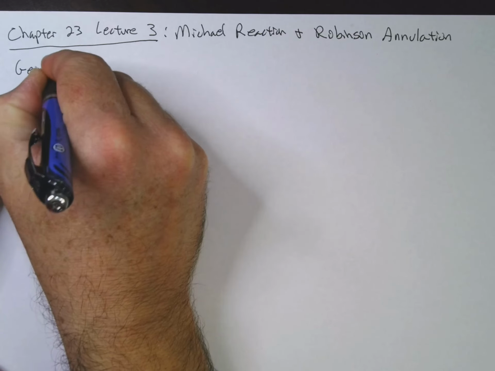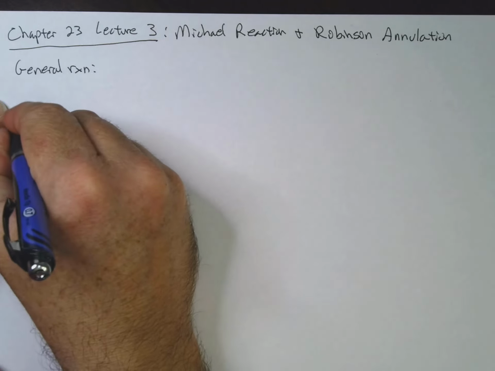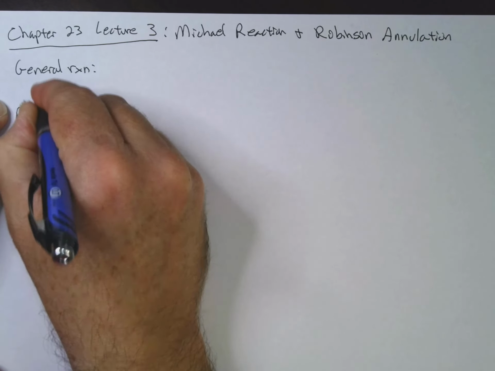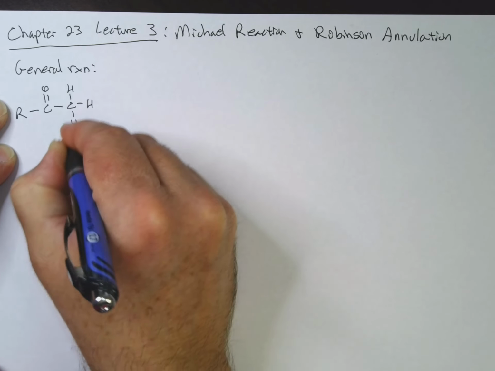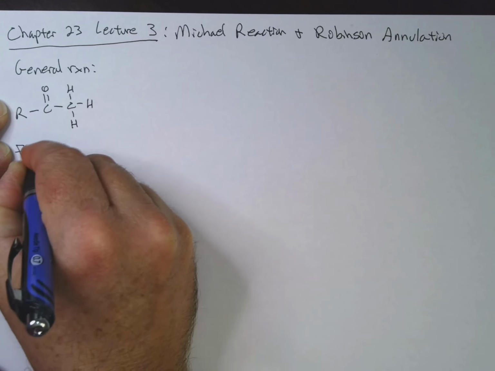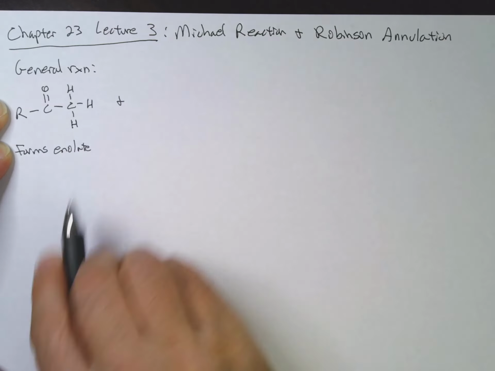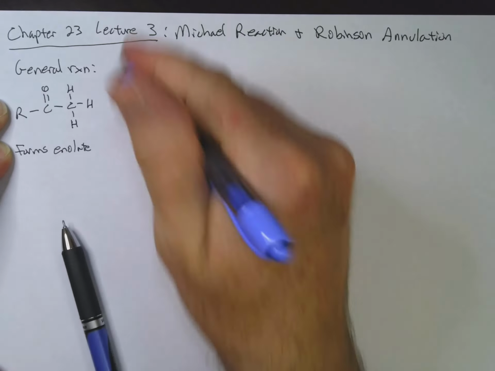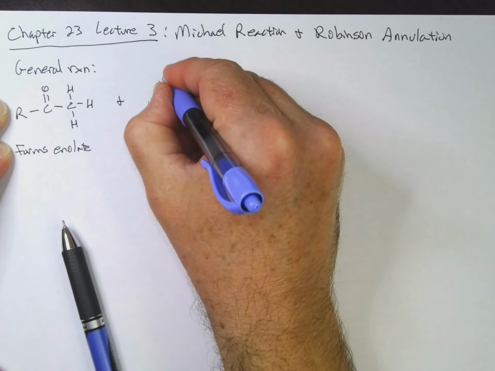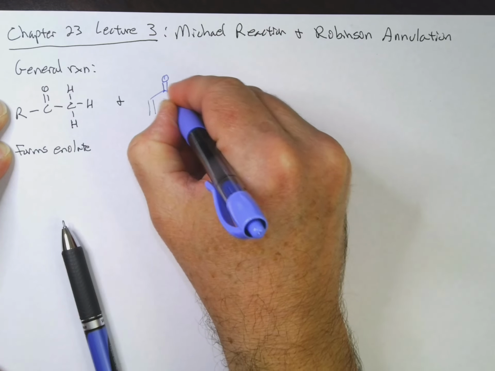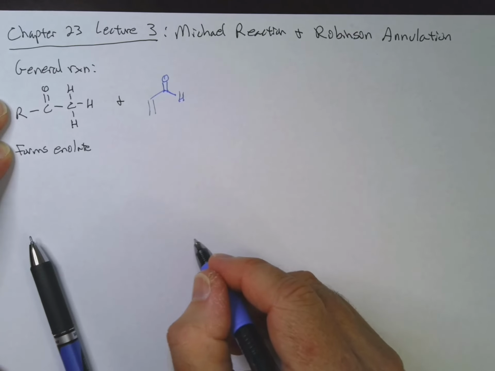So in general, what happens? Well, we have something that will form an enolate, and we will have an alpha-beta unsaturated species as our electrophile.